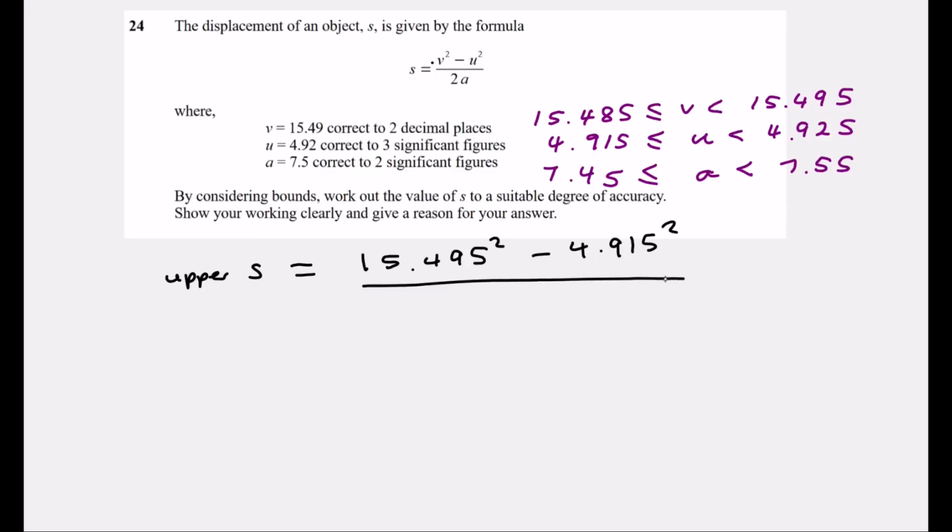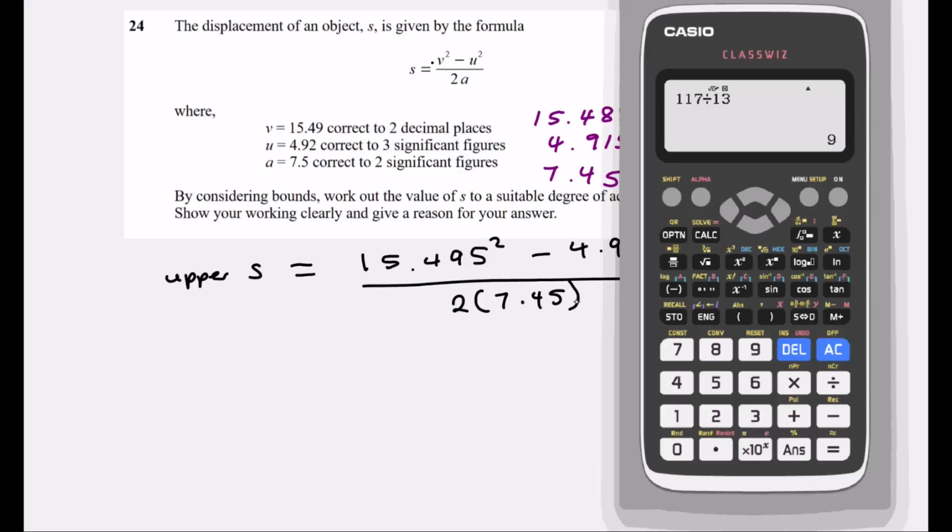And again, divide by the smallest possible answer. If you want the biggest possible answer, you want to divide by a smaller number. Dividing by a smaller number gives you a bigger answer than dividing by a bigger number. So divide by the smallest number.